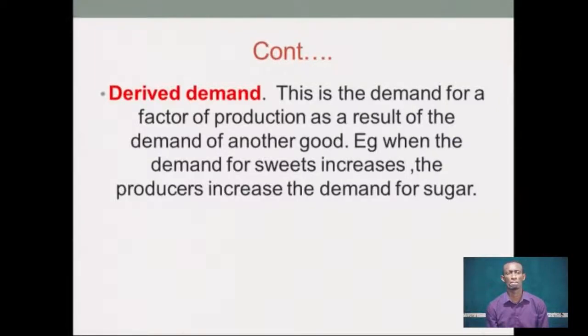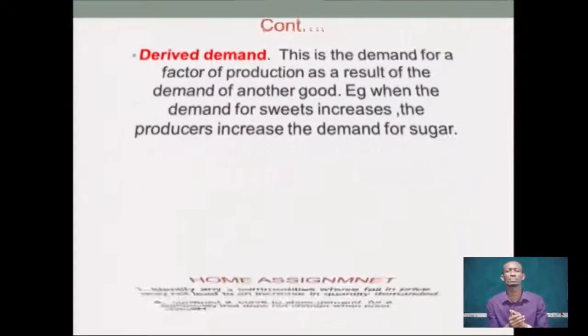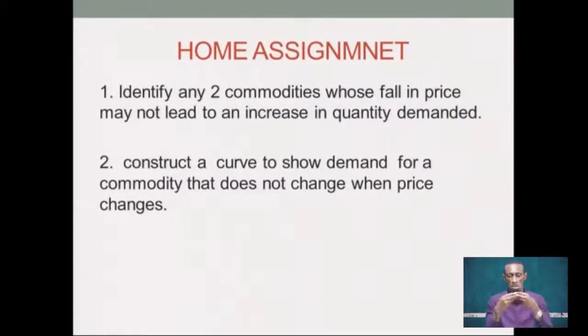Before I wind up this lesson, I have some questions for you. Question 1, identify any 2 commodities whose fall in price may not lead to an increase in quantity demanded. A fall in price is not being followed by an increase in quantity demanded, meaning that it is behaving abnormally.